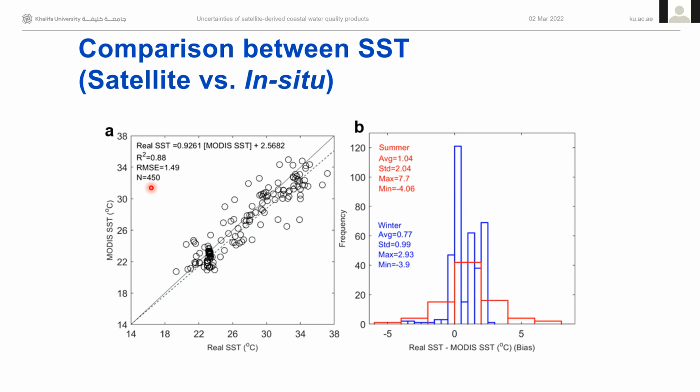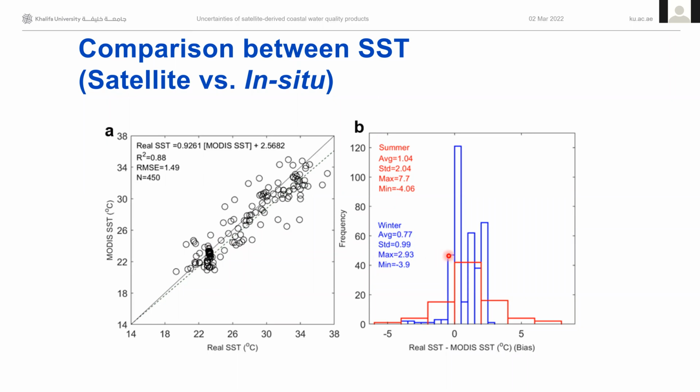But if we think about the climate change need of this data, we will think that still the data needs to be improved, especially, for example, here, when the real data shows 26, we can see the model showing, for example, 30. However, most of the data have been located at the 1-1 agreement line.